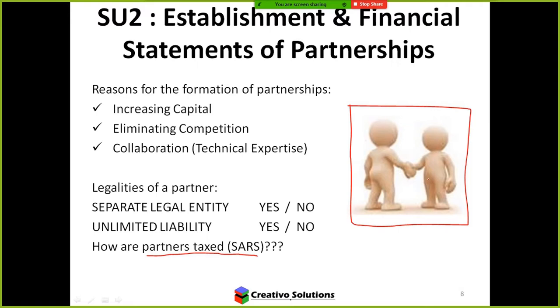I know the connection might be a bit slow, so I'll wait and see. Type a message in the chat. Do you know how partners are taxed?